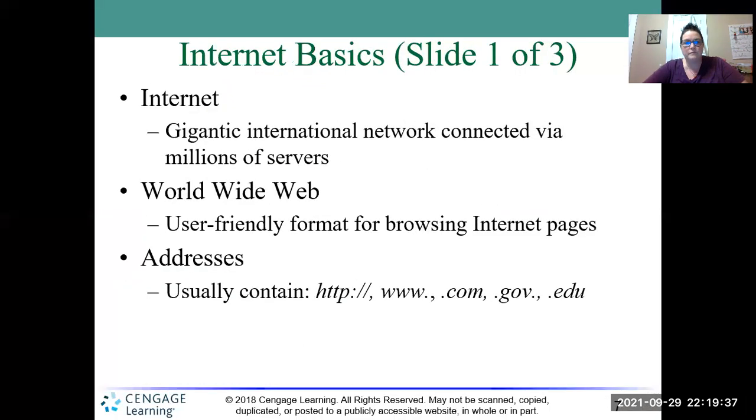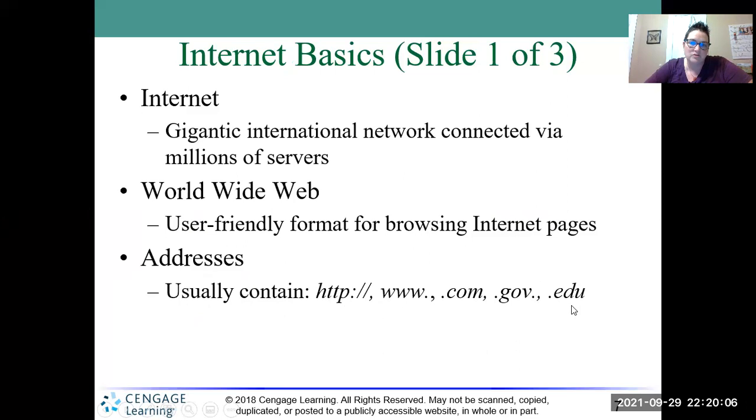Okay. The internet, of course, that's a gigantic international network connected by millions of servers. World Wide Web, it's the user-friendly format for the internet pages. So all the URLs usually contain one of these: HTTP, www, or .com, .gov, .edu.